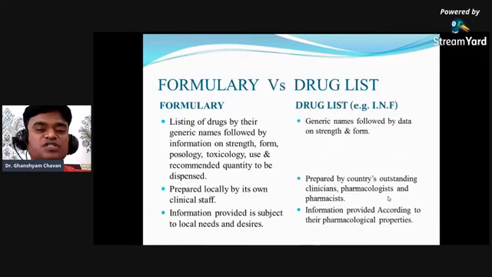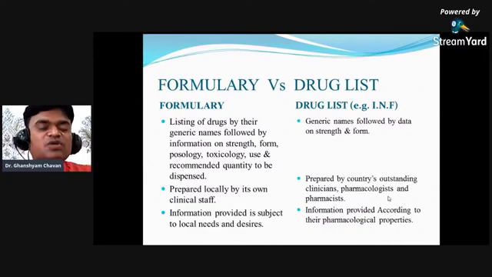After that, toxicology. If the drug is more toxic, we should not take that drug, or according to the need of that drug, we should go for it. So toxicology, use, and recommended quantity to be dispensed. If a 100 mg quantity has been recommended, and you are giving a 200 mg quantity, it is unethical.